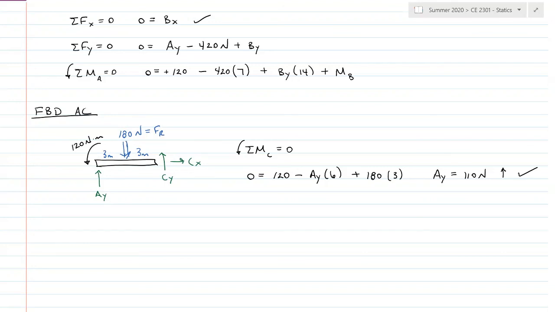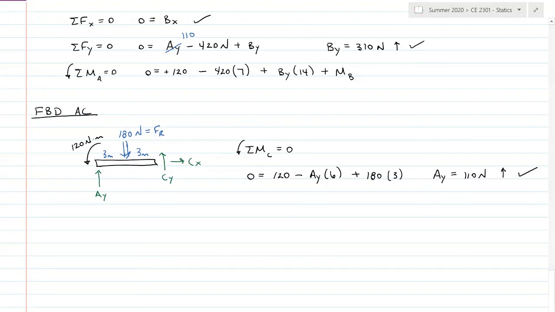Now that I have AY solved for, I can plug it in up here, and that will give me BY, which will equal 310 newtons up, because it ended up positive, so that means my assumed direction is correct.